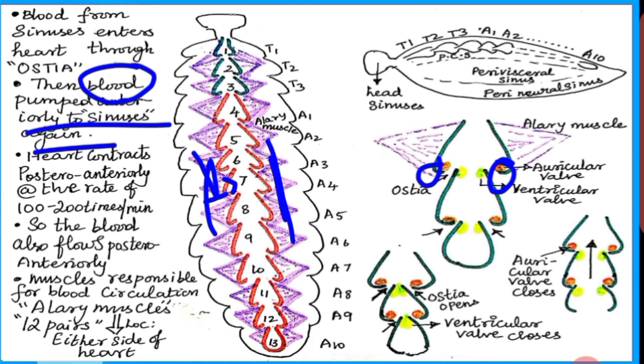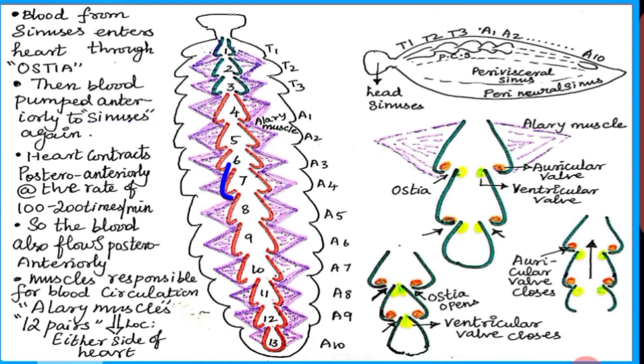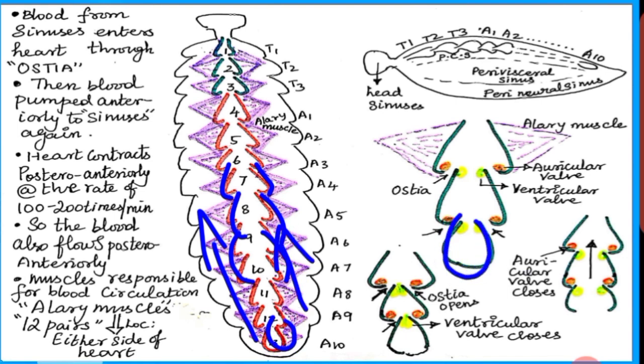The heart contracts posterior anteriorly. First it contracts, then pushes the blood. Imagine this is a balloon filled with water. When we squeeze the balloon, what will happen? Blood flows in a posterior anterior manner.